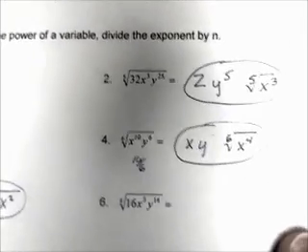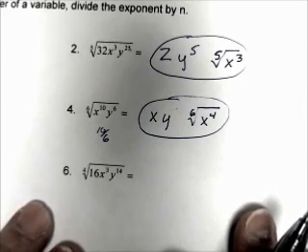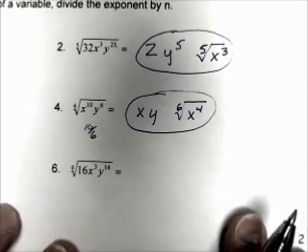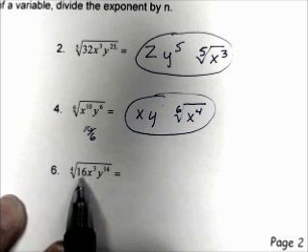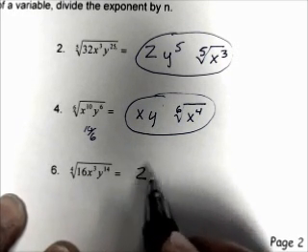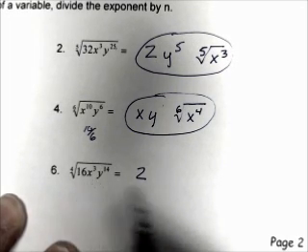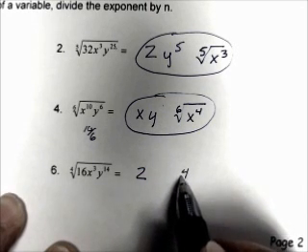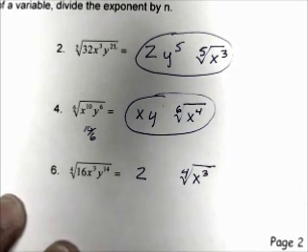And our last one, number 6, the fourth root of 16 x to the 3rd, y to the 14th. The fourth root of 16 is 2. The fourth root of x to the 3rd, well, 3 divided by 4 doesn't divide evenly, so that's simply going to remain x to the 3rd underneath the radical.